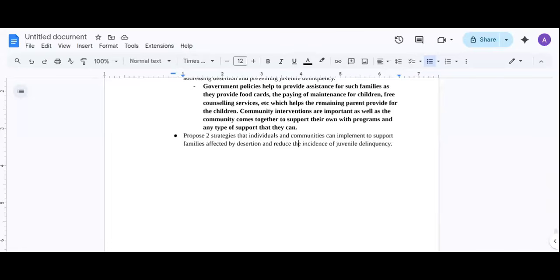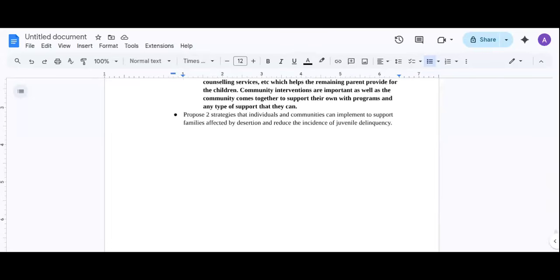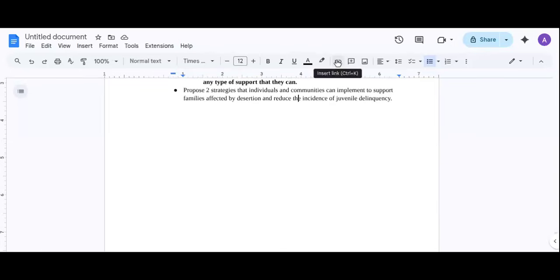Community interventions are important as well, as the community comes together to support their own with programs and any type of support that they can. So this may take the form of community drives, being able to, let us say, have homework centers or some sort of activity so that when the parent that remains isn't home, the child could go and get help with schoolwork and all of that.